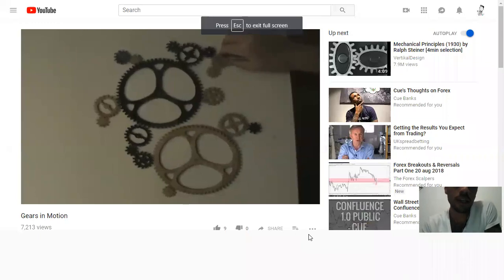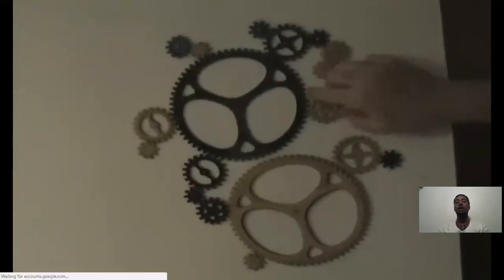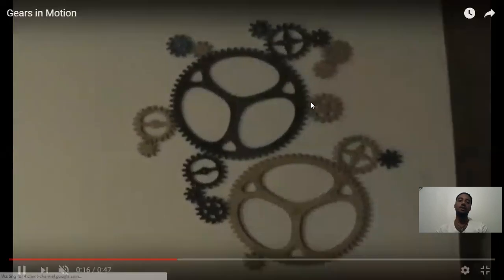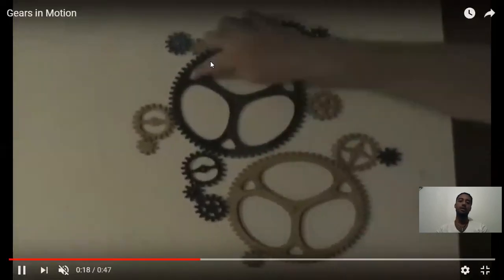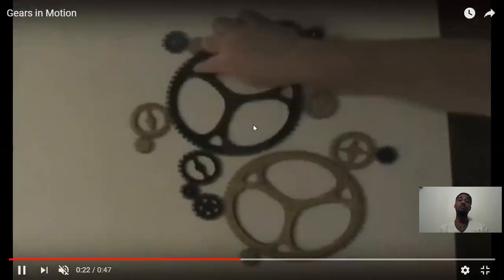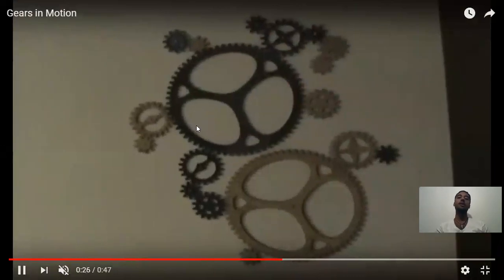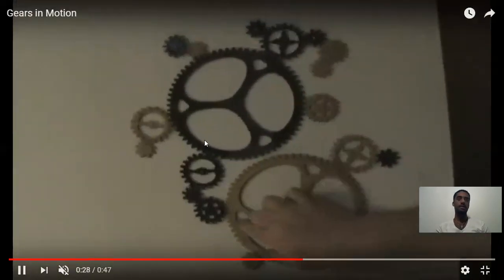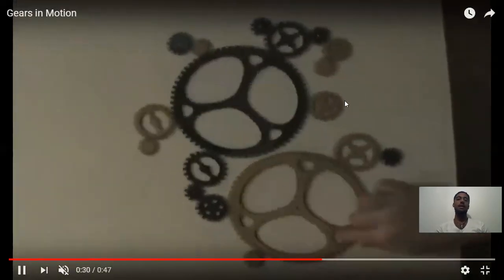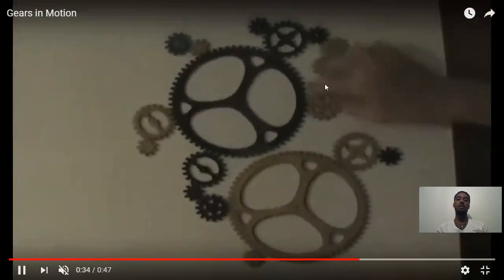Now, why? So think about gears. Think about EURUSD. Think about EUR like this one, and think about USD like this one. These two big currencies move all the little ones. And let's just say JPY is not as small as these, but it's a little smaller.